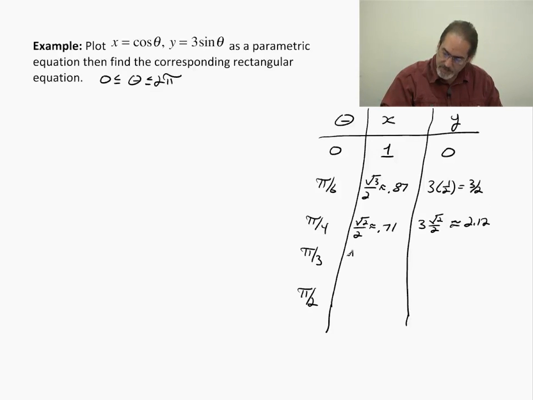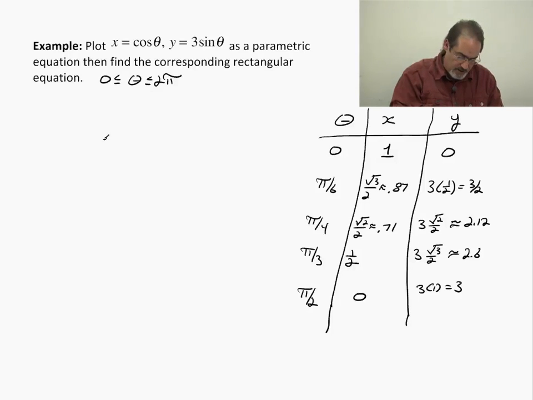At pi over 3, x is going to be a half, and y is going to be 3 times root 3 over 2, which is approximately 2.6. And at pi over 2, x is going to be 0, and sine is 1, so 3 times 1 is obviously 3. So let's go ahead and plot this first quadrant.